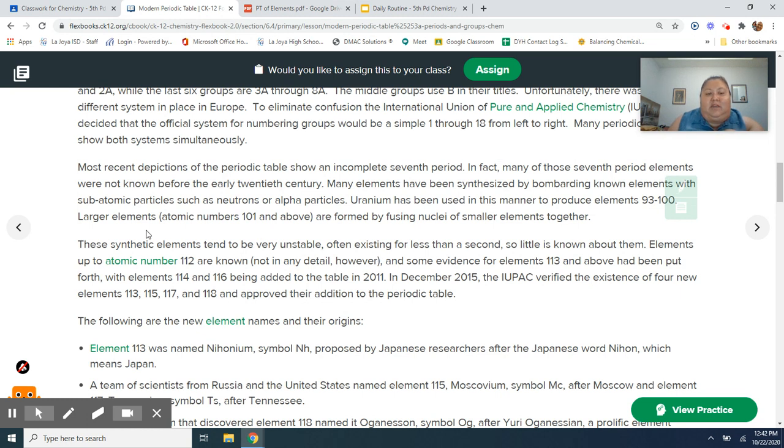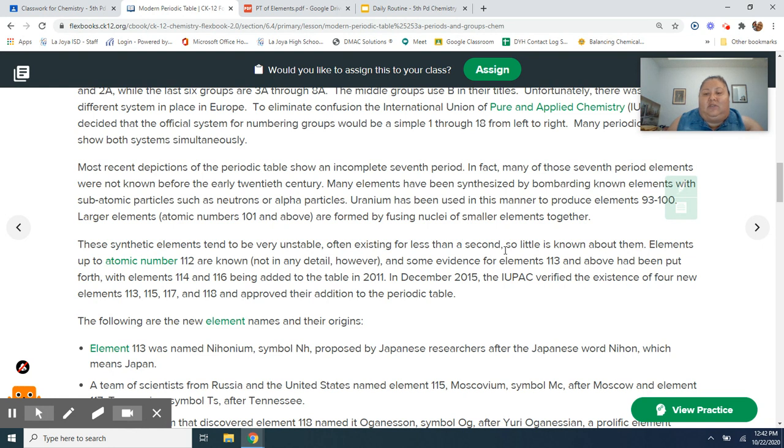Most of the time, these elements are very unstable, so they don't last very long. They only stay together for about a second. So we don't know a lot about their chemical properties. Elements up to atomic number 112 are known, though not in detail because they don't last long.